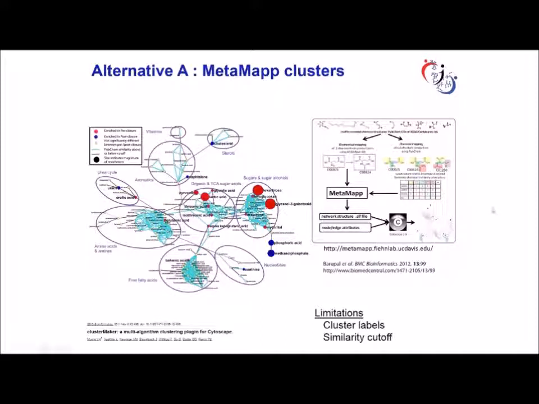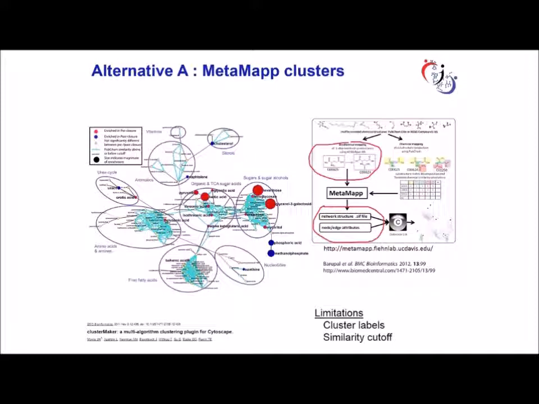MetaMap uses known biochemical reactions among metabolites, and also uses chemical similarity mapping to map metabolites that do not have any known reactions. Then it creates a network graph that can be visualized in Cytoscape.